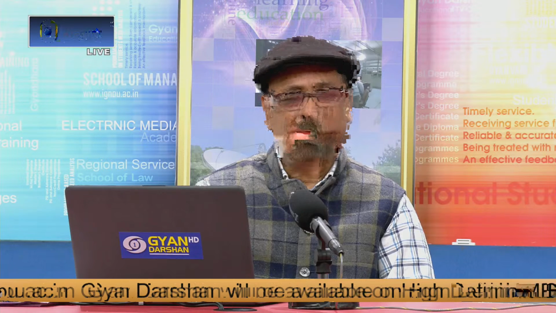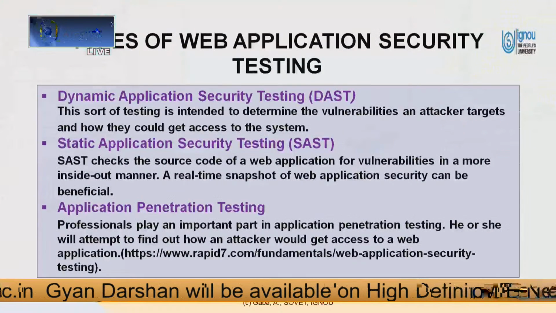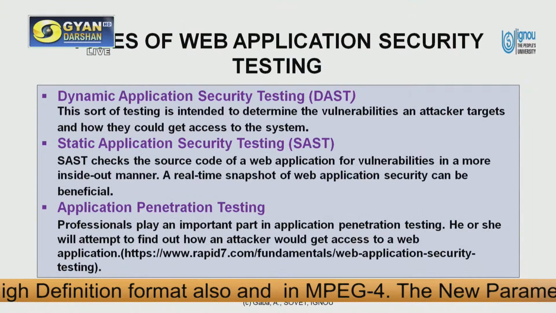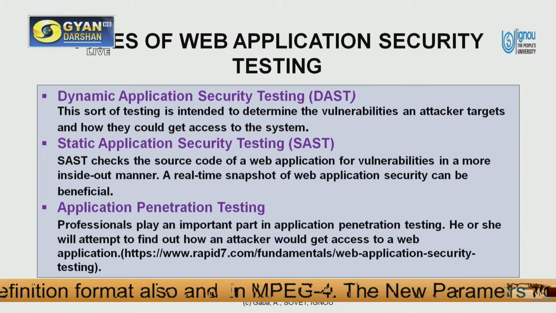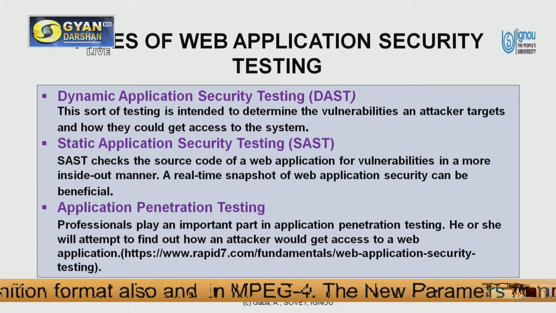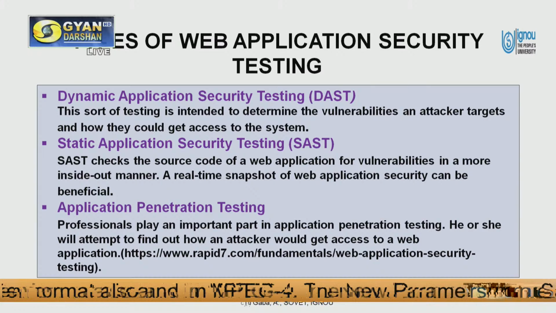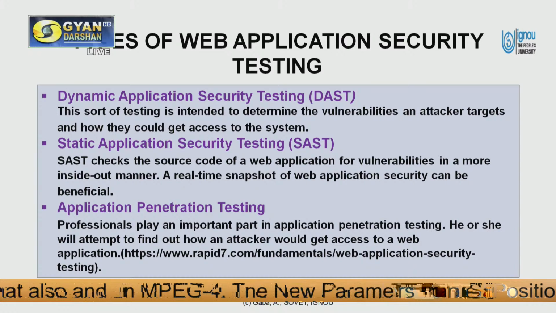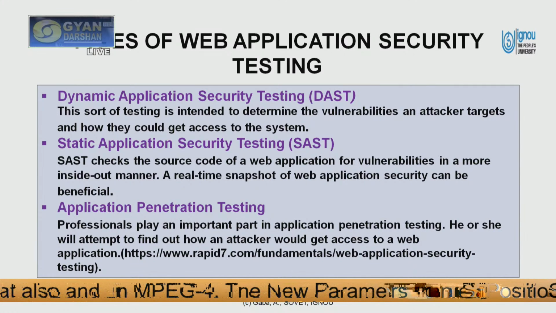We will further discuss the different types of web application security testing. What are the different types of web application security testing? That is dynamic application security testing. This sort of testing is also explained with an example, and it determines the vulnerabilities and attack targets and how they could get across the system.